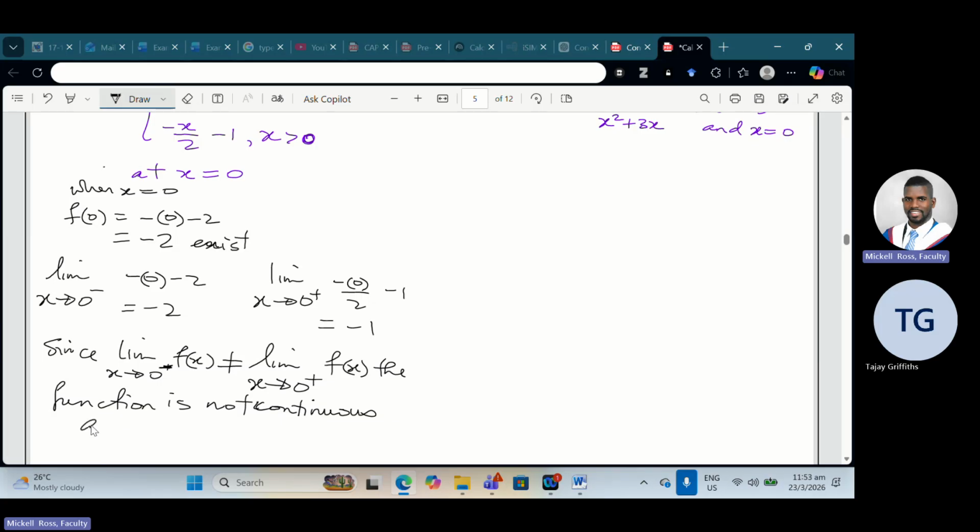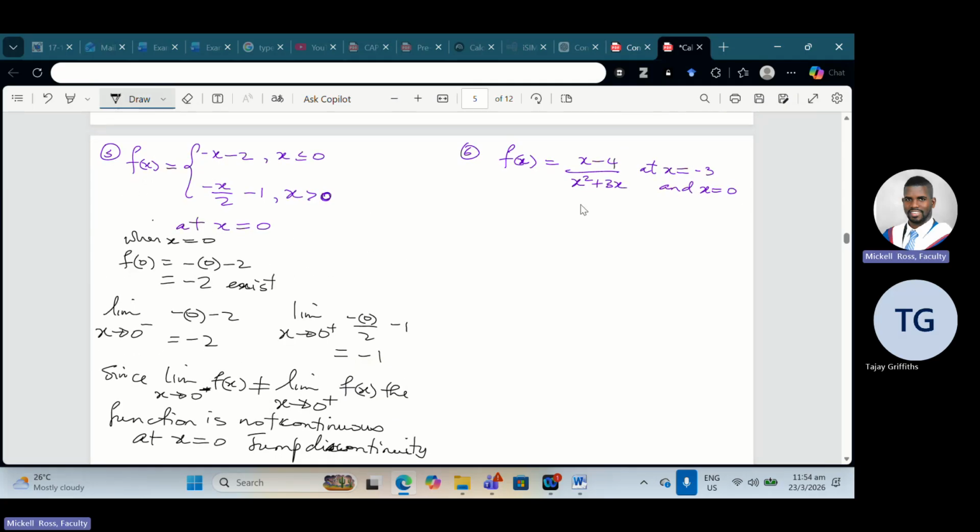It's not continuous at x equal to 0. So you have a jump discontinuity. All right, so there's going to be a jump.